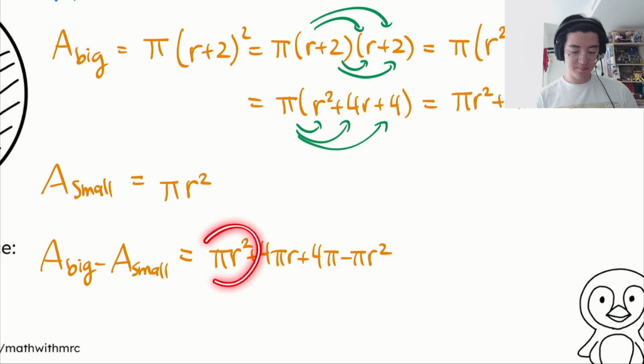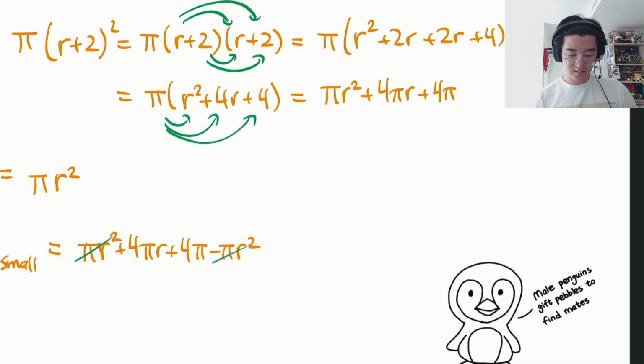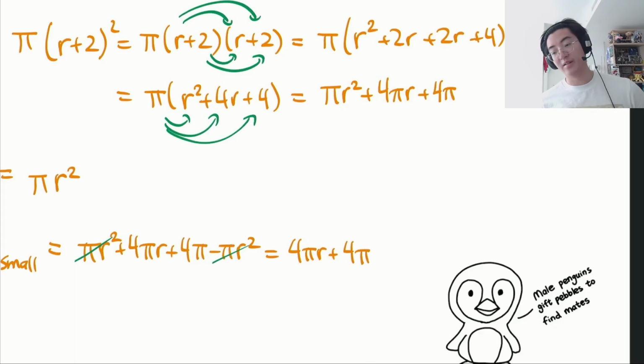If we can see here, pi r squared, and then we have a minus pi r squared. So those two can just cancel out to get 0. And remember our question, we want it in factored form. This is not factored yet.